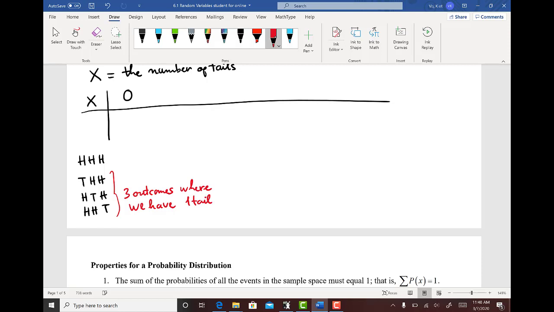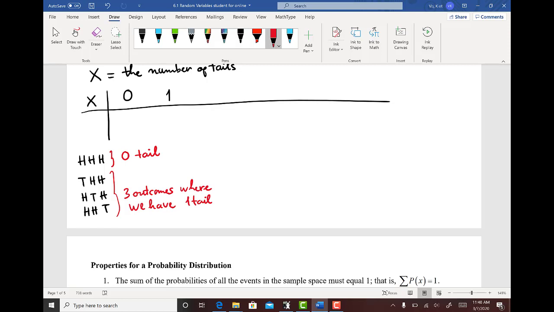So in this case, another possible value for x would be 1, because remember, x represents the number of tails. The first one was 0 tails, which is when you get all heads. But then you could also have 1 tail.